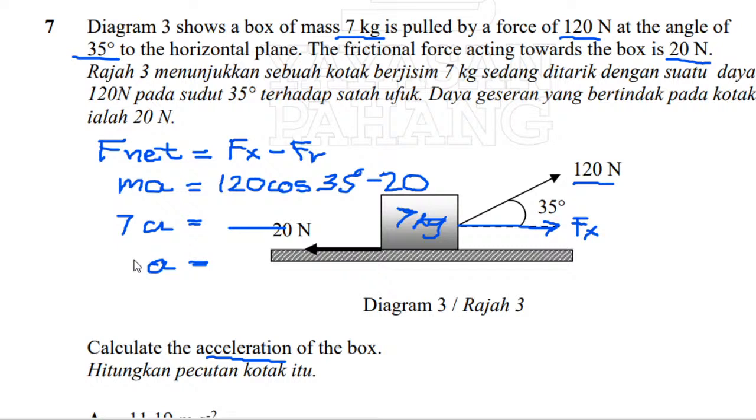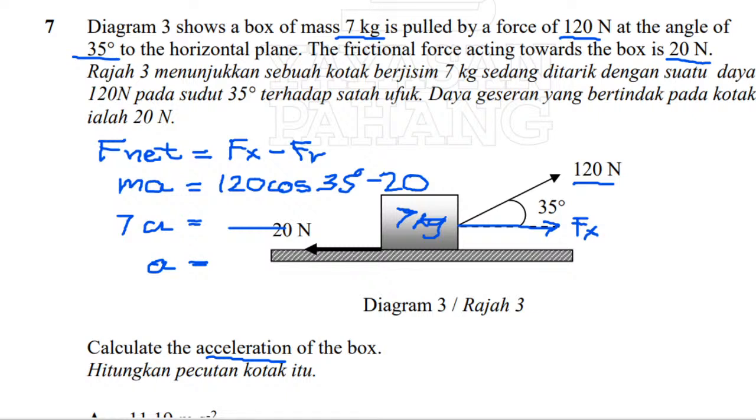Okay, good. Can hold on. Atirah, can or not? Try pressing the calculator. So 120 cos 35 minus 20, the answer is... press the calculator directly.